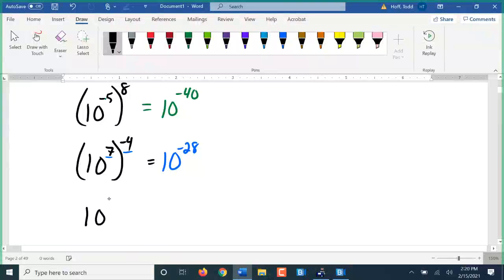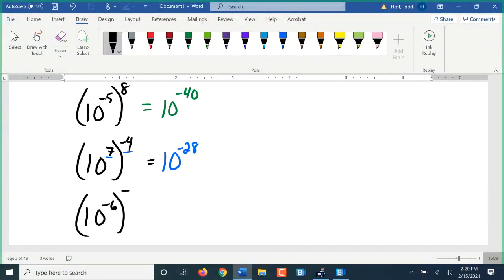Or I might have 10 to the negative 6th to the power of negative 7. I have negative 6 times negative 7, which is a positive 42.